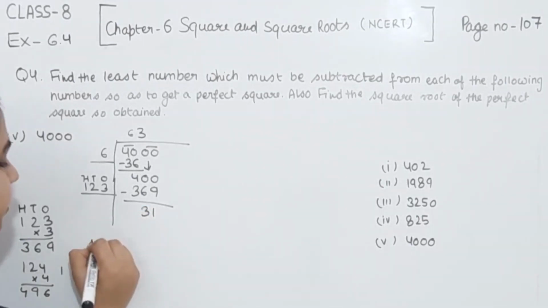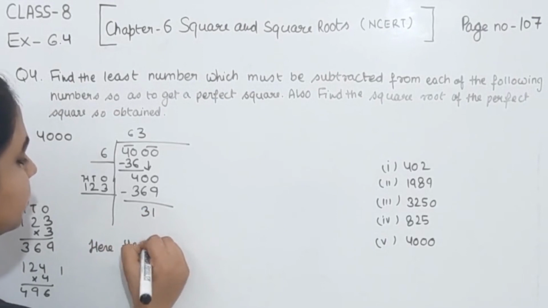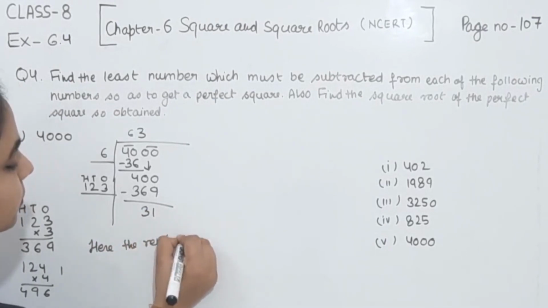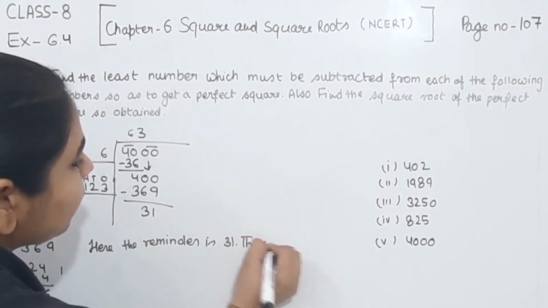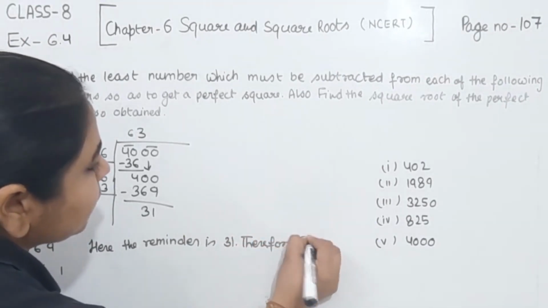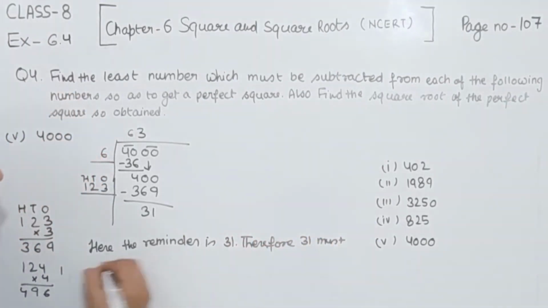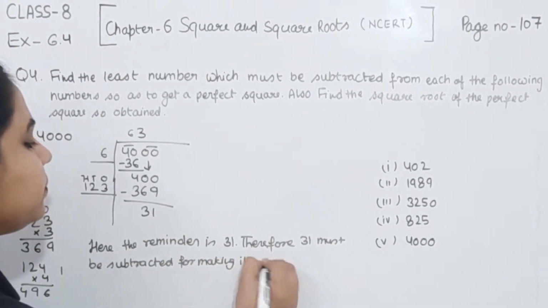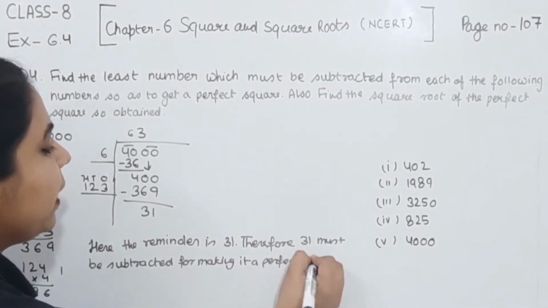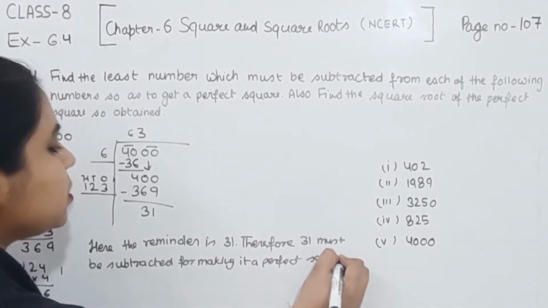So I'm going to write here the remainder is 31. Therefore, 31 must be subtracted for making it a perfect square.